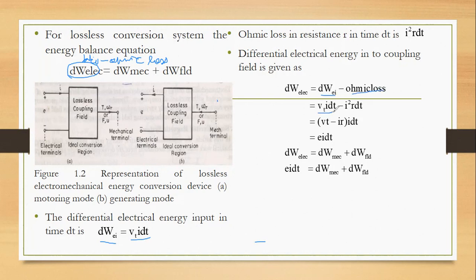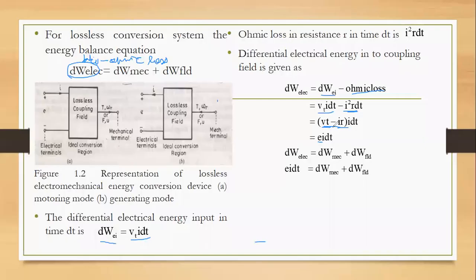I've already stated that V is not equal to E because there will be some kind of drop across the current and across the resistance. This one is the ohmic loss. So V minus IR, when we just collect the terms, can be E. Therefore, there will be some kind of voltage drop across the resistance and the current, so the EMF can be V minus IR.